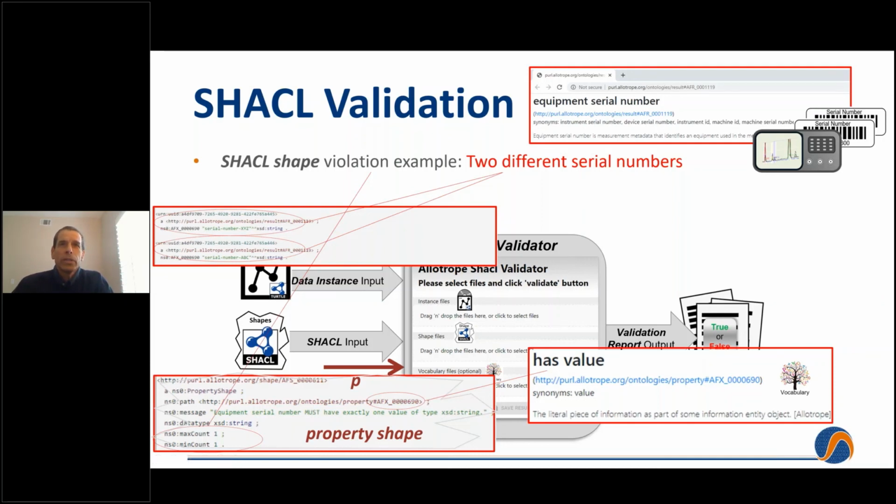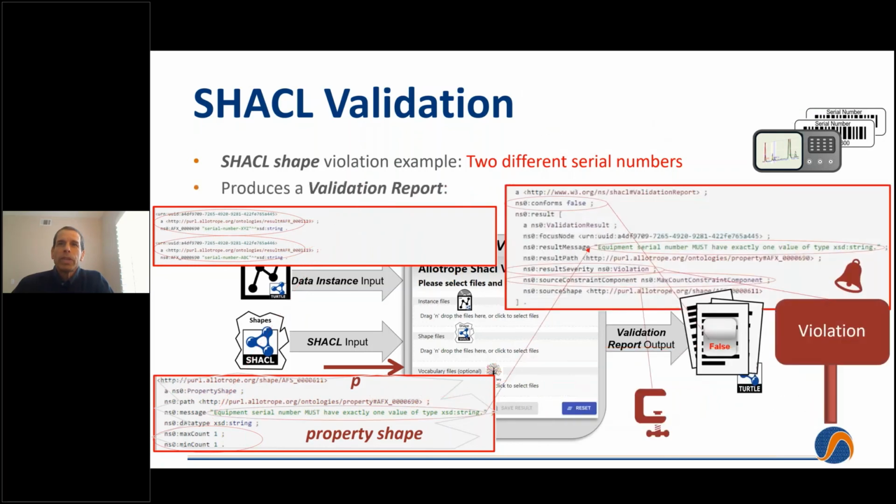So let's turn it on and produce a validation report. And we see that conforms equals false. So the validation failed, and we see a violation. And we see here the result severity is violation. If you remember, it was info, warning, violation. So the severity is violation.